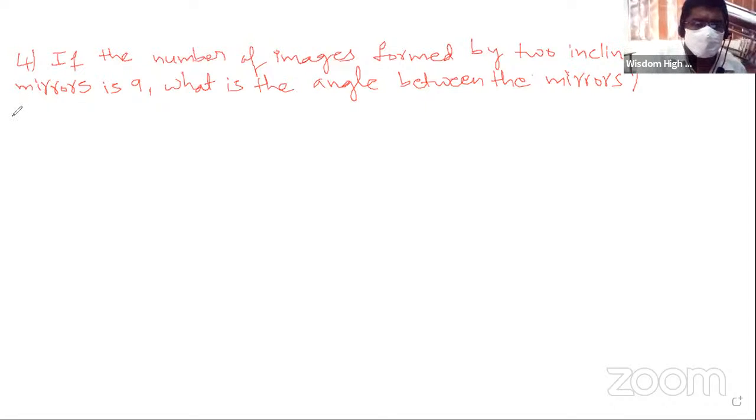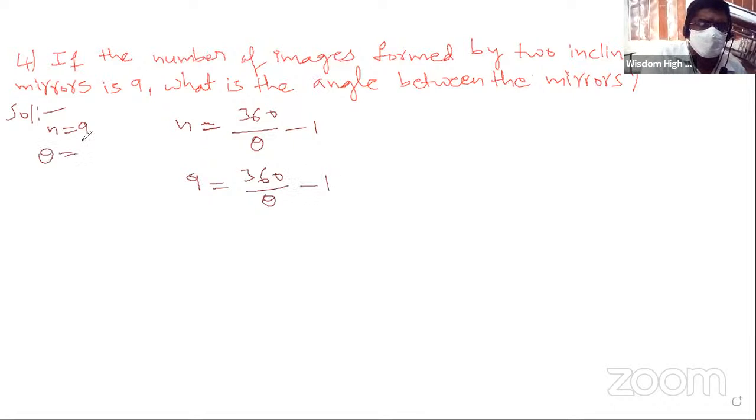So go for the solution, children. The formula is n equal to 360 by theta minus 1. The number of images is given, n equal to 9. So we substitute n equal to 9, which means 9 equal to 360 by theta minus 1. We can calculate theta.